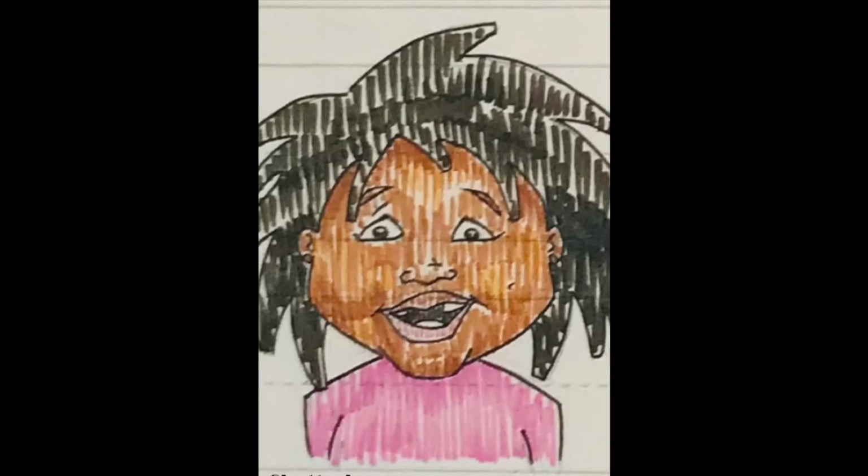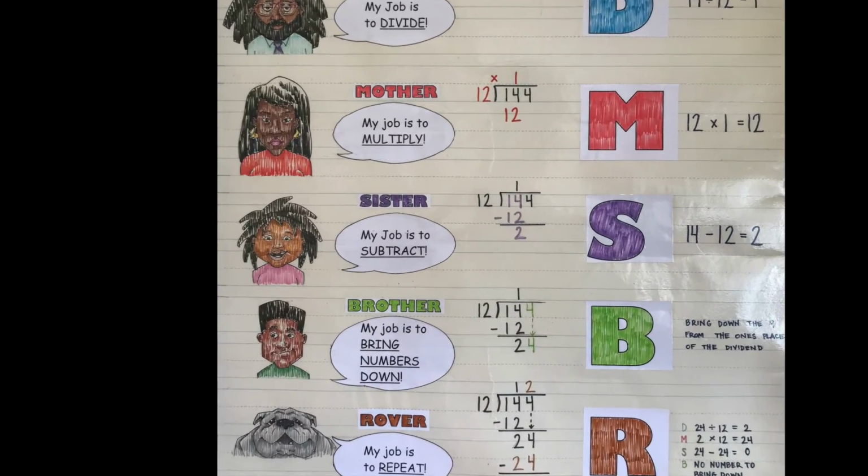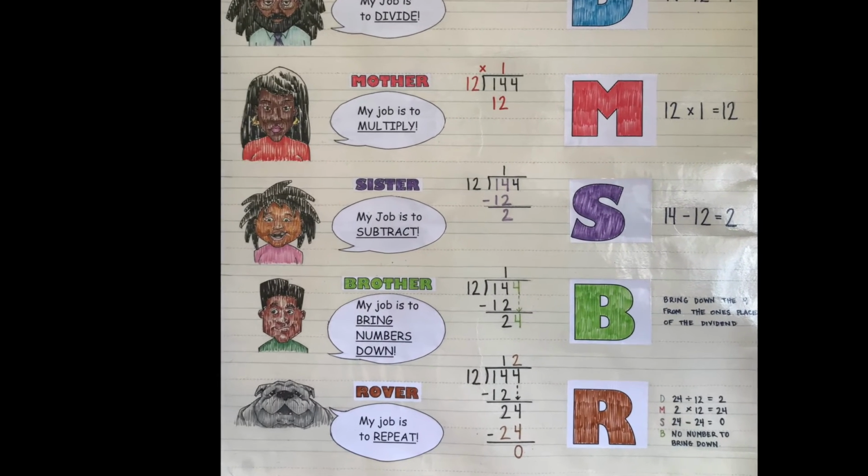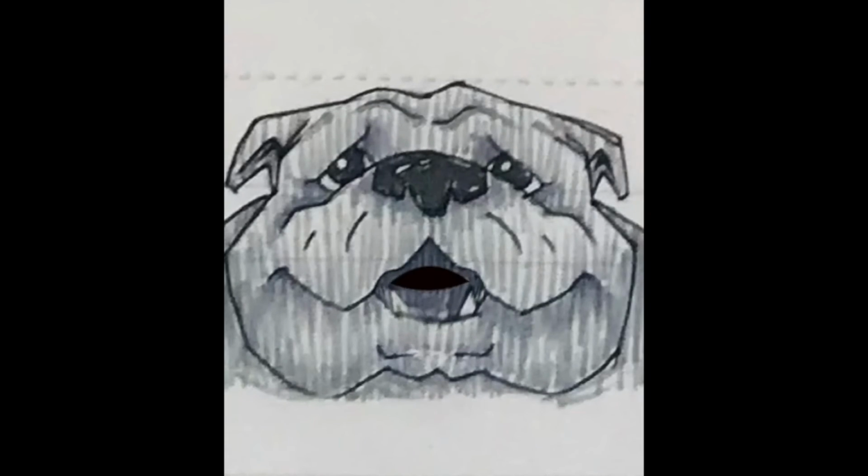I'm the sister. My job is to subtract. I'm the brother. My job is to bring down. I'm Rover. My job is to repeat.